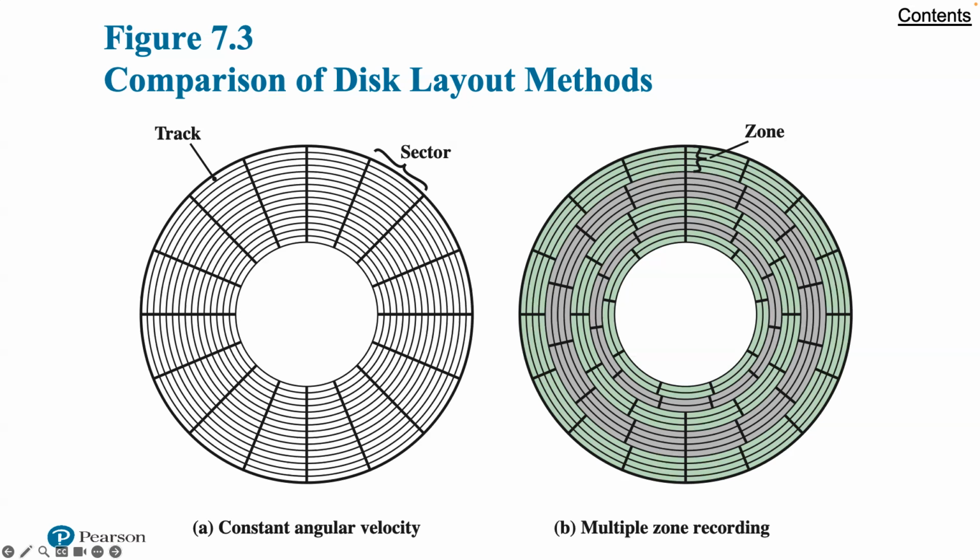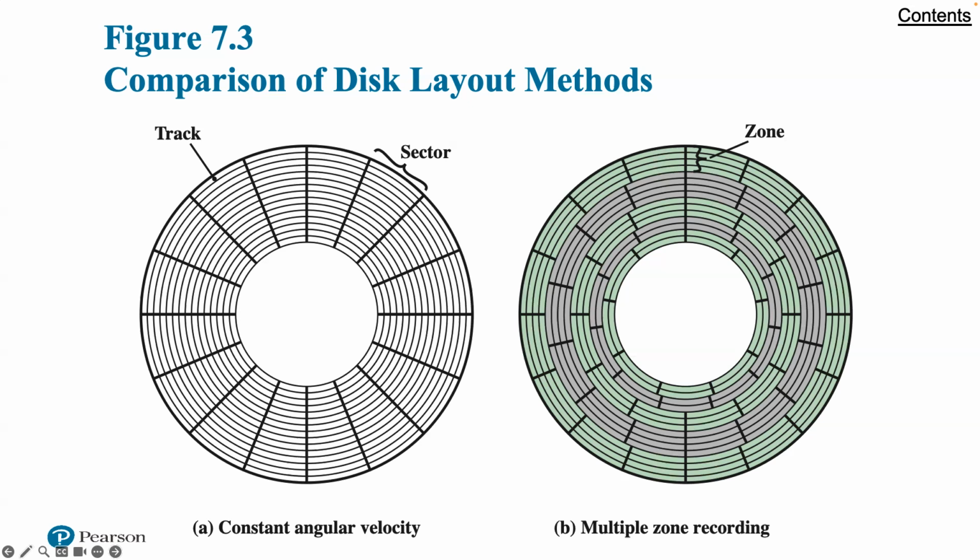Zones farther from the center contain more bits, more sectors, than the zones closer to the center. Zones are defined in such a way that the linear bit density is approximately the same on the tracks of all of the disk. MZR allows for greater overall storage capacity at the expense of somewhat more complex circuitry.